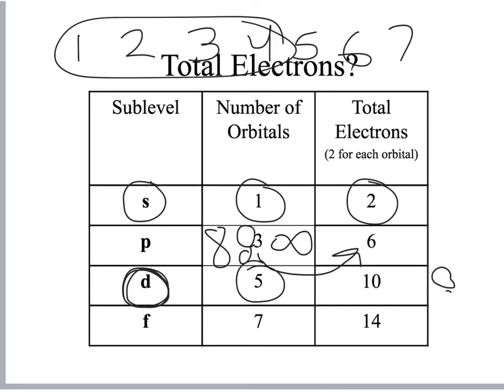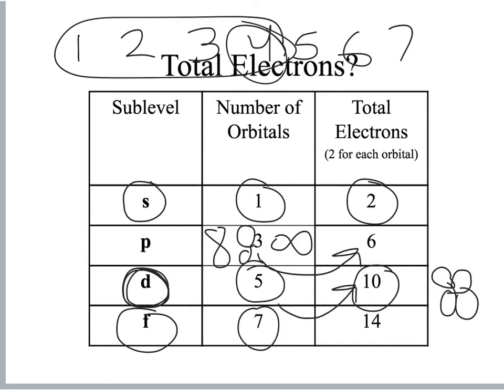Remember, they're like the four-leaf clovers and all the different orientations. 5 times 2 electrons max each, because of Pauli's exclusion principle, gives you 10 total electrons. And then last but not least, the f sublevel, which is found in energy level 4, has 7 different shapes. That's like the double four-leaf clover. And there's 2 electrons per each orbital, which means a total of 14.